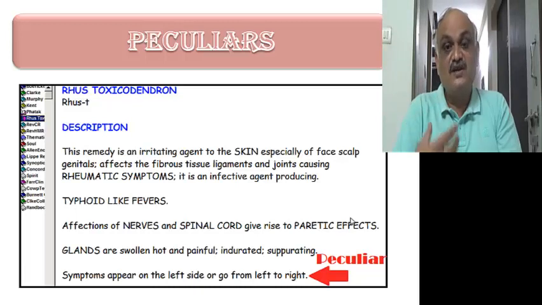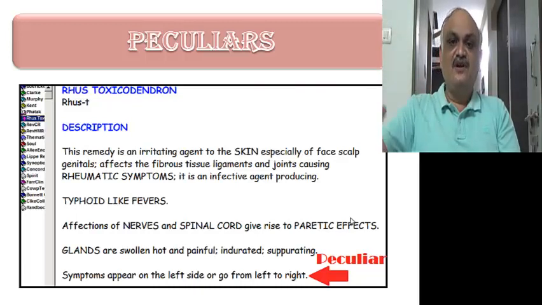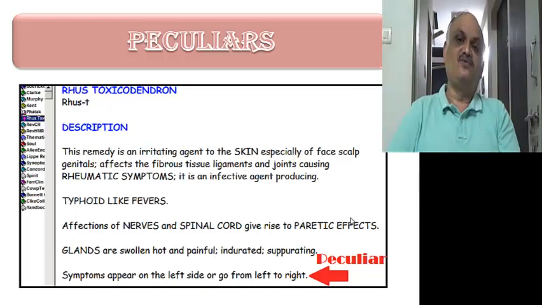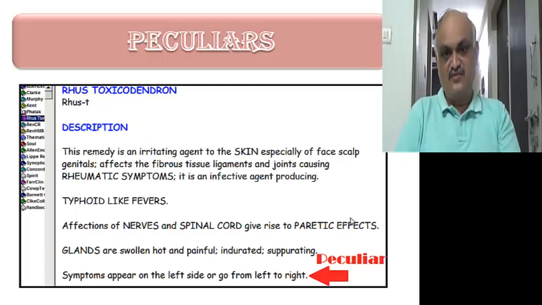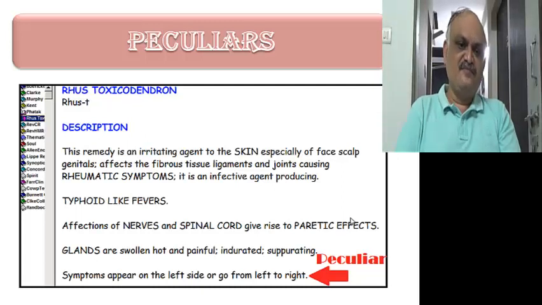When you work more and more day by day, then you have developed that background. Now we have another point, peculiars. Each medicine has a lot of peculiars, and even in cases also we look for the peculiars.